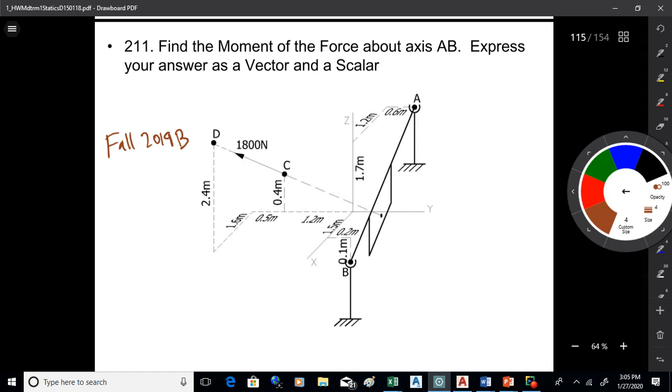This version of the problem occurs in the fall 2019B packet and also in the winter 2020 packet, okay? Now, if you have the one that just says fall 2019 without the B, or if by any chance you have something older than that, you've got an older version of the problem, okay?